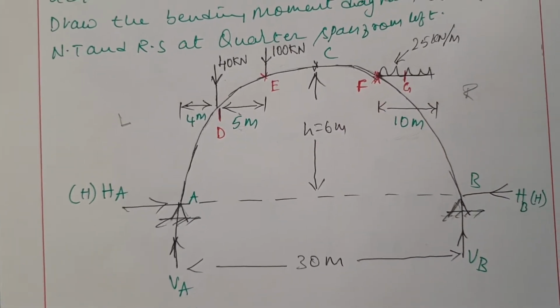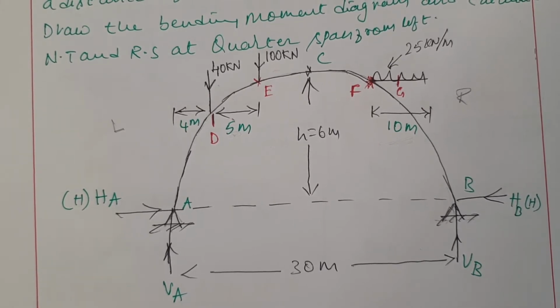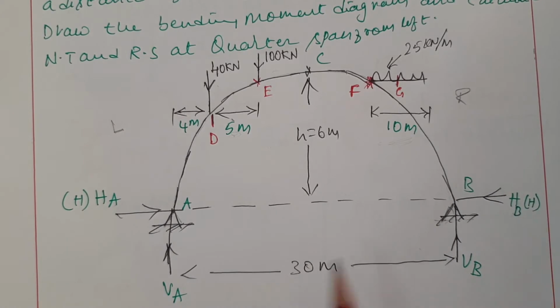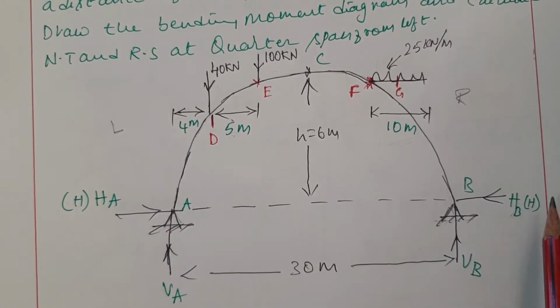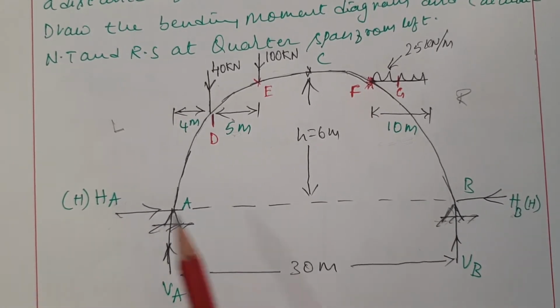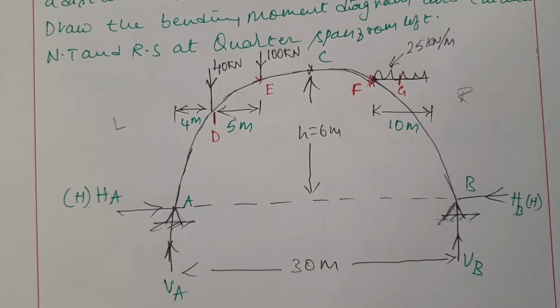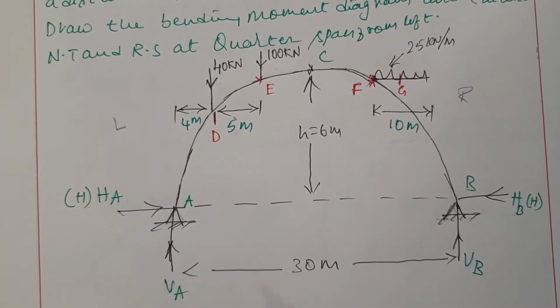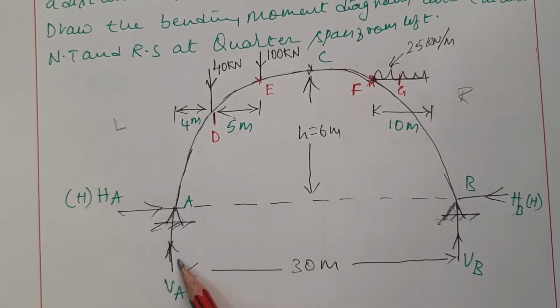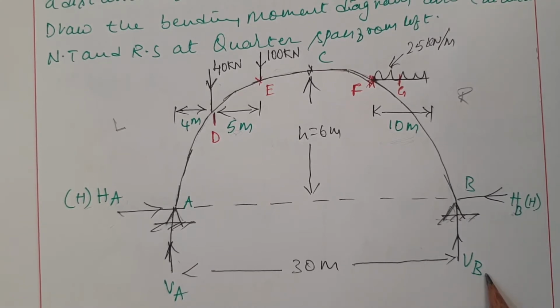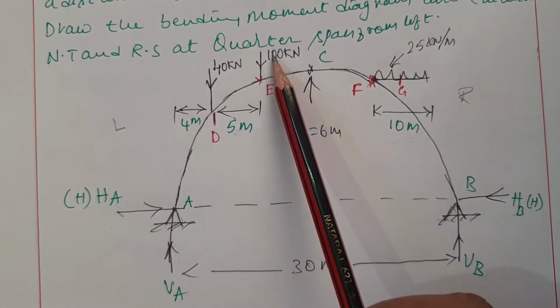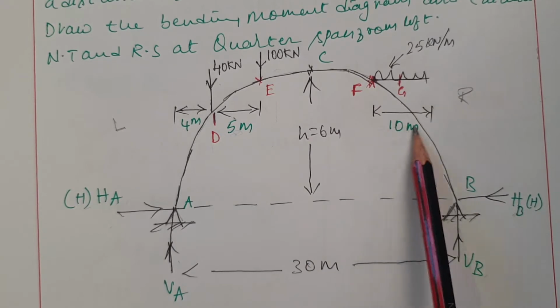First step we will follow the same, finding the reaction. Sum of Fx equal to 0: HA minus HB equals 0. Then I can consider HA equal to HB, equal to H. Next condition, sum of Fy: VA moving upwards, VB moving upwards positive, minus 40 minus 100 minus 25 into 10.